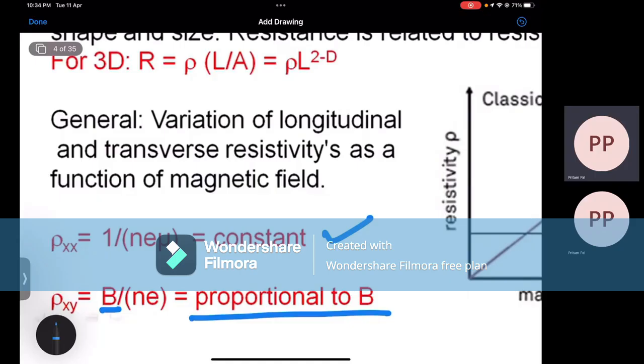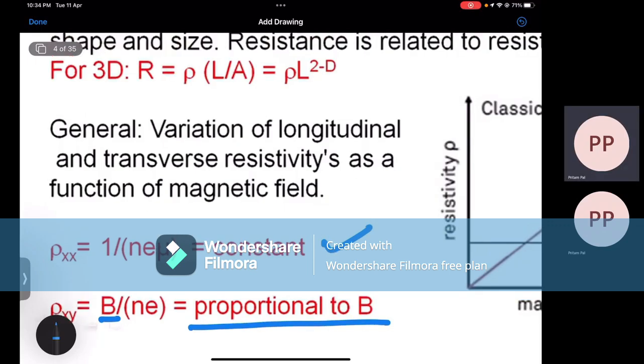So if you look at the resistance and the resistivity, they are related. Our resistance is basically rho times L over A, right? If you look at the dimension of the resistance, it is the dimension of rho multiplied by L to the power 2 minus d. This is the standard thing.